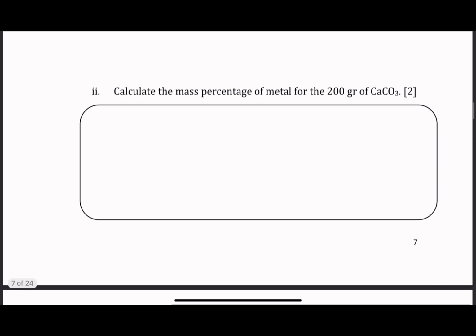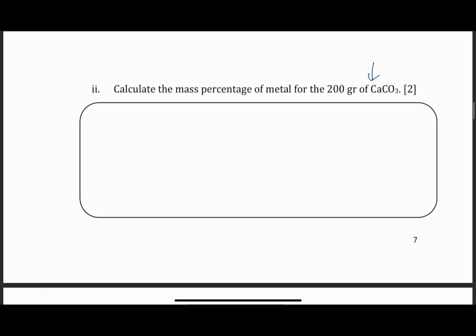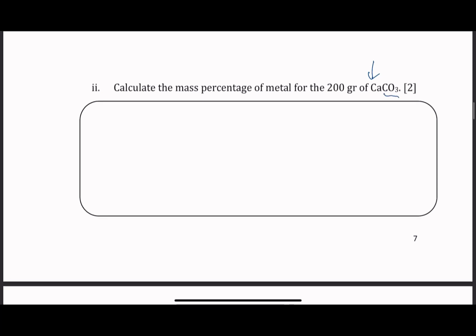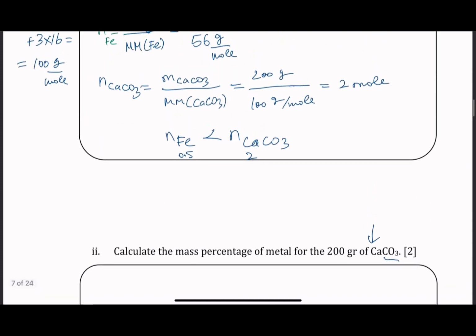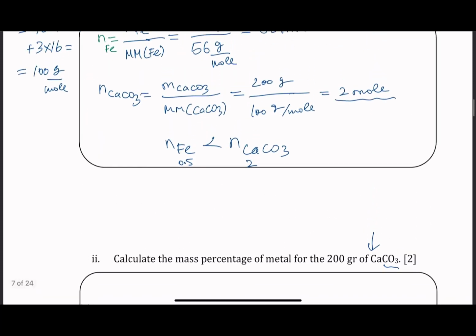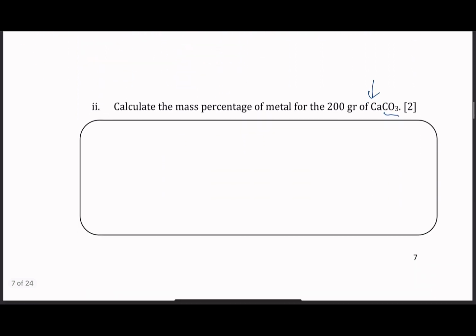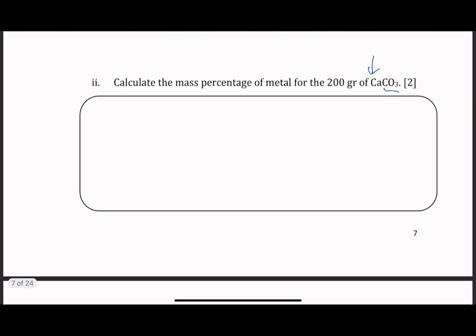Now calculate the mass percentage of metal for the 200 gram of calcium carbonate. So you know that over here, calcium itself is the metal. The rest are non-metals. So we found from here that for 200 gram, we got 2 moles of calcium carbonate, right?